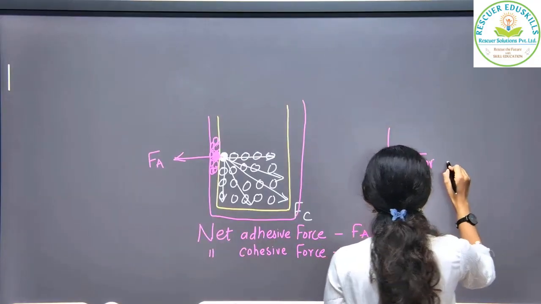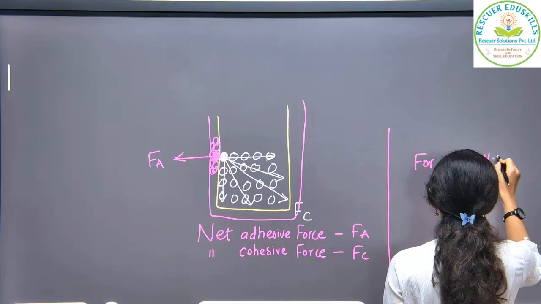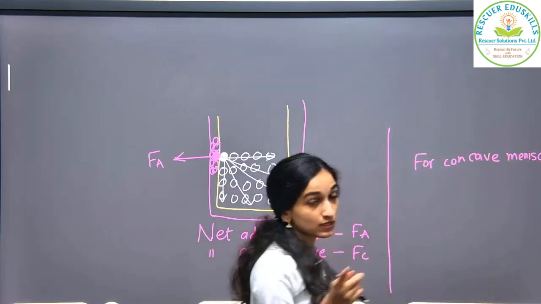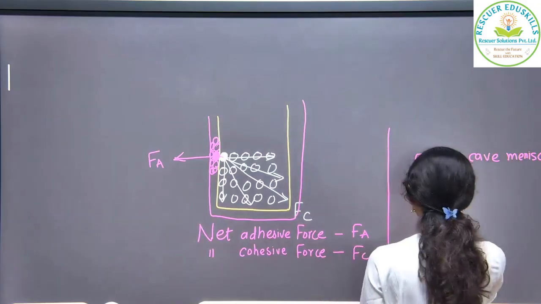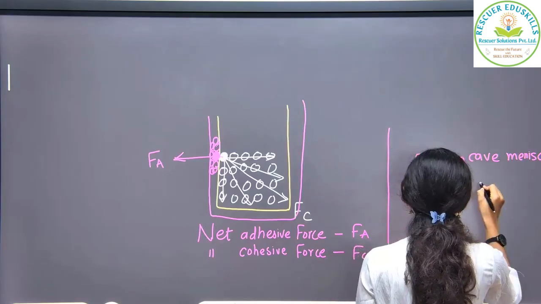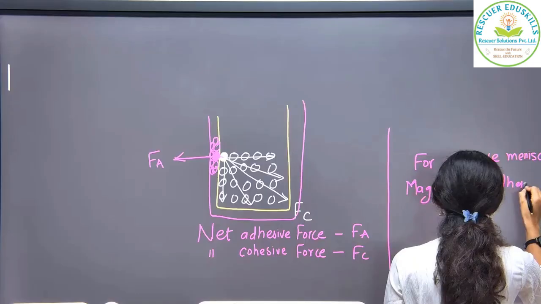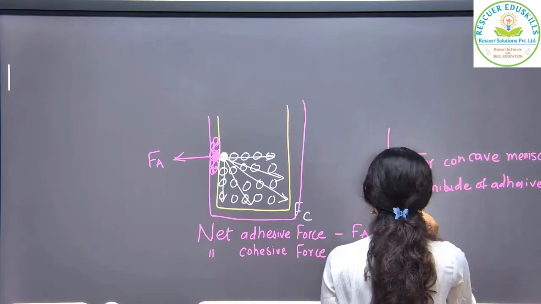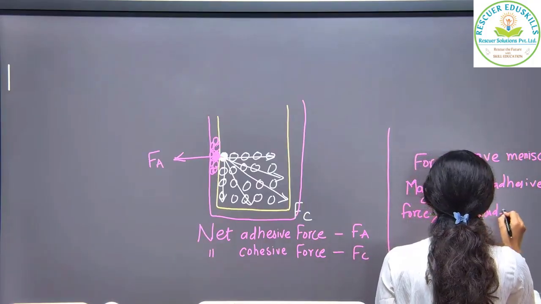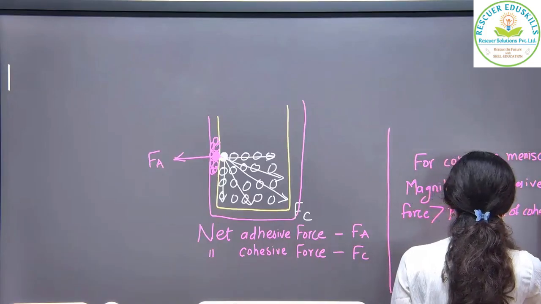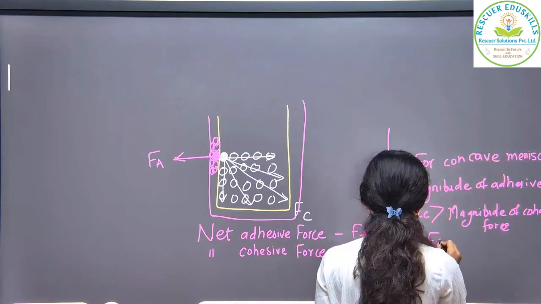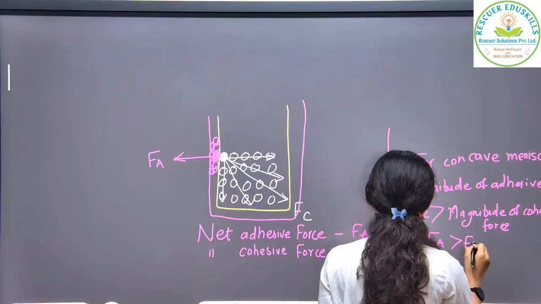For a concave meniscus, the magnitude of adhesive force is greater than the magnitude of cohesive force. So we can write Fa is greater than Fc.